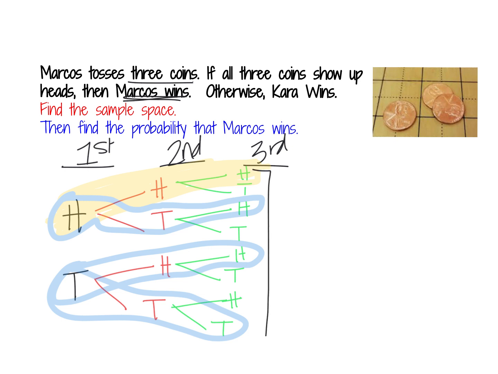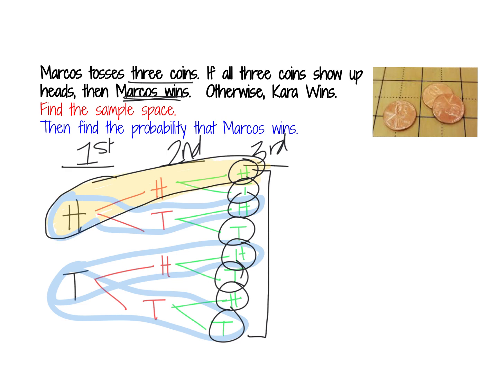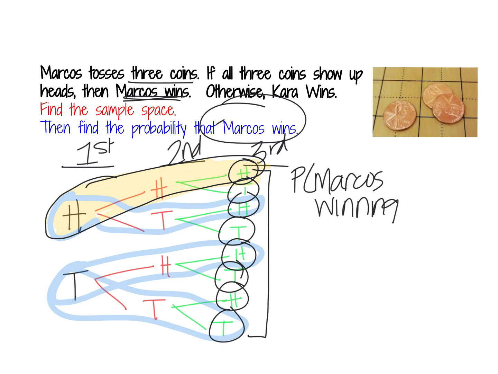We count how many outcomes there are. So 1, 2, 3, 4, 5, 6, 7, 8. And we said that there's one option of heads, heads, heads. So the probability of Marcos winning is 1 out of 8, because there's only one way that the coins can fall of him getting heads, heads, heads out of 8 total outcomes.